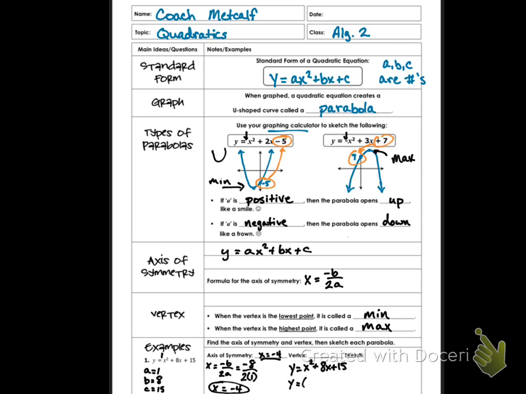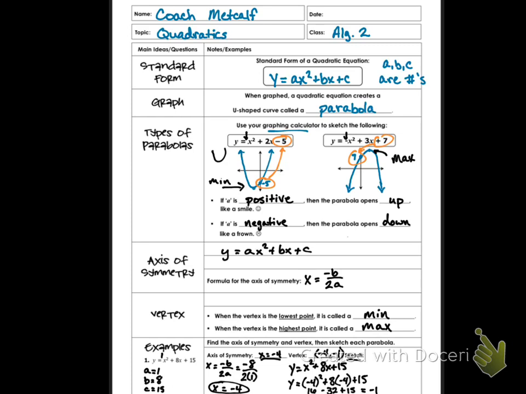So y equals negative 4 squared plus 8 times negative 4 plus 15. All right, and we're going to type that in our calculator and see what we get. Okay, and when we type all that in the calculator, we get that y is equal to negative 1. And so the coordinates of our vertex is going to be negative 4 because that's the x value, and then y is going to be at negative 1.